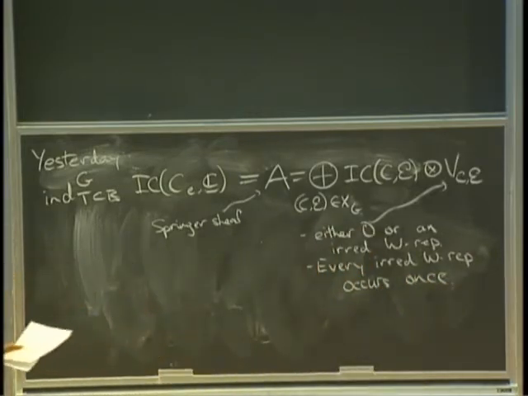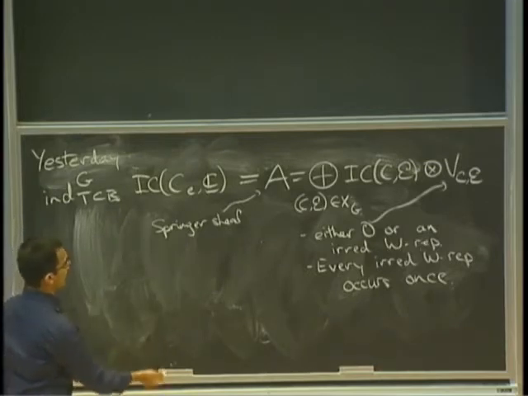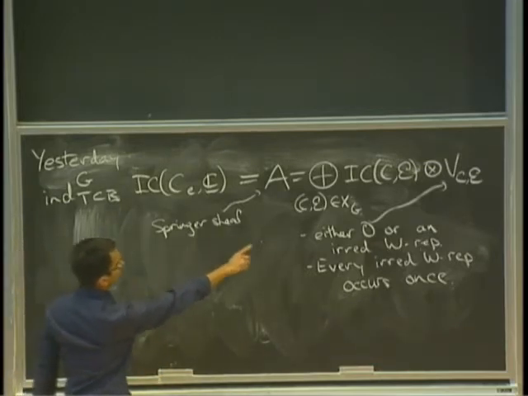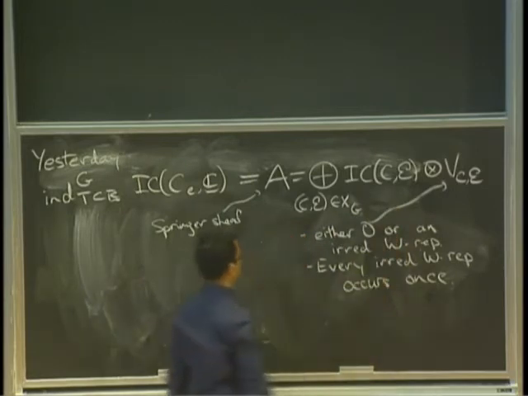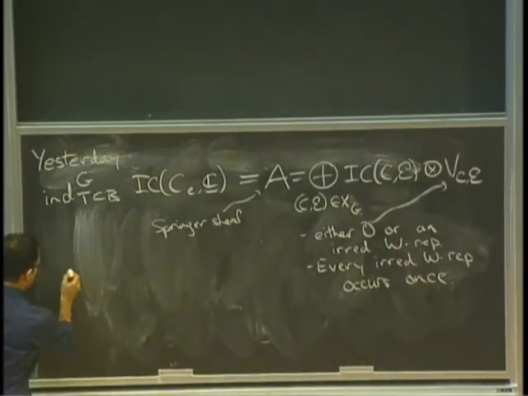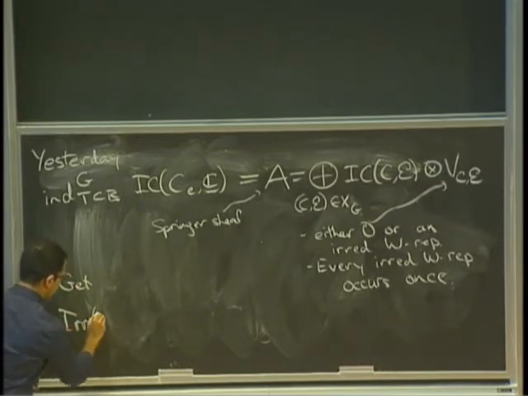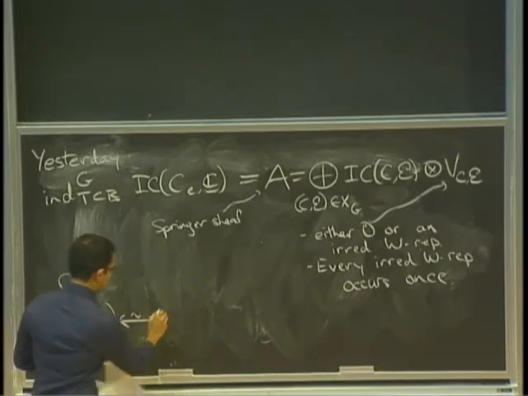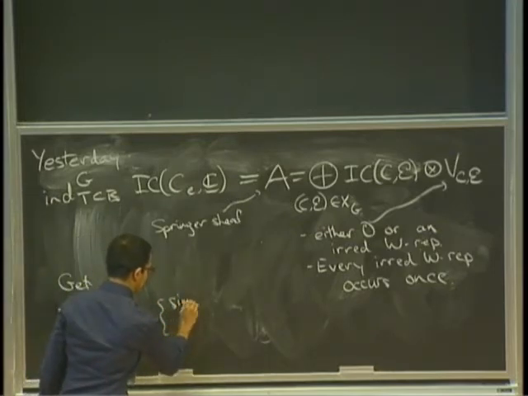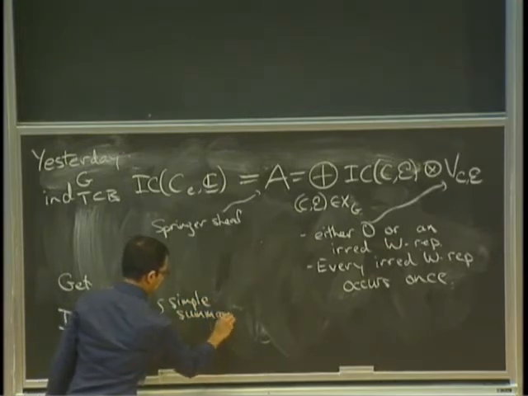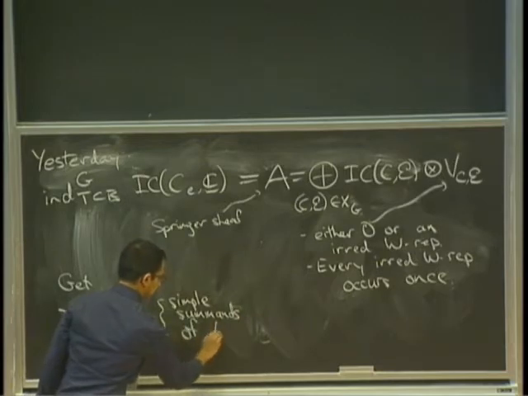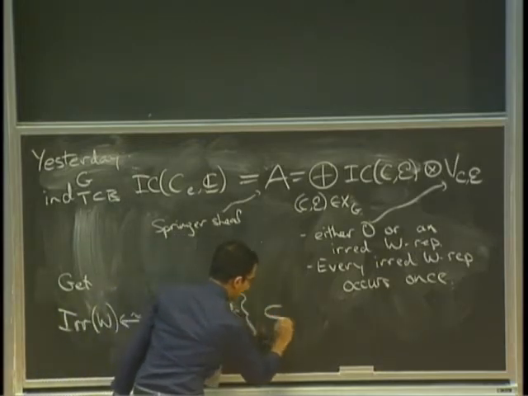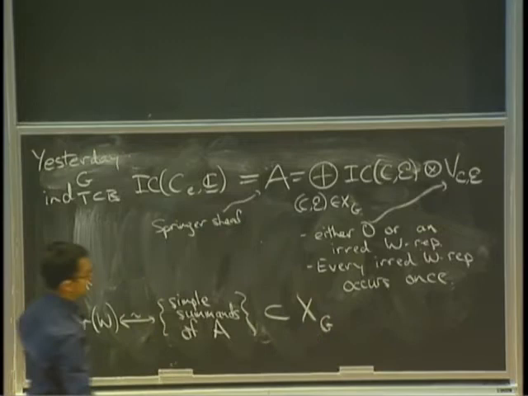And so the statement of the Springer correspondence was that, by labeling these simple perverse sheaves by representations of the Weyl group, what you get is a bijection between irreducible representations of W and simple summands of the Springer sheaf. And that's some subset of xg.